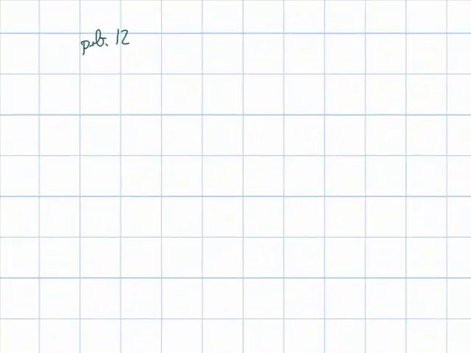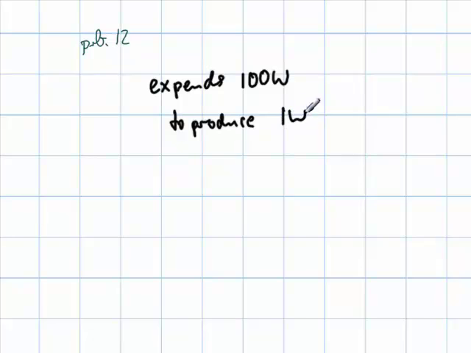A. What is the mechanical efficiency of a relatively inactive person who expends 100 watts of power to produce about 1 watt of power in the form of work, again the first W here means watt, while generating about 99 watts of heat.